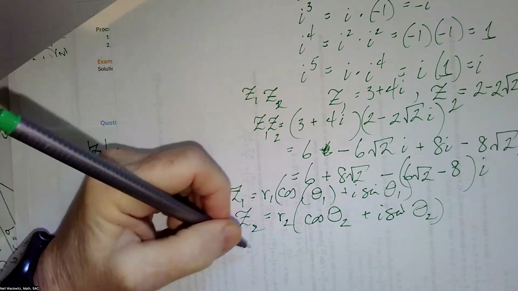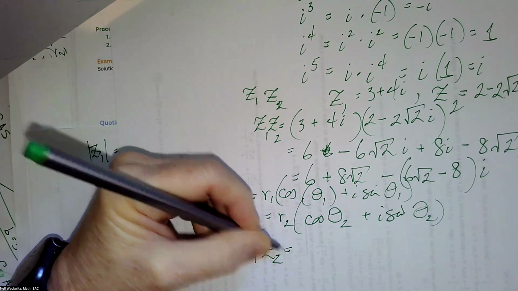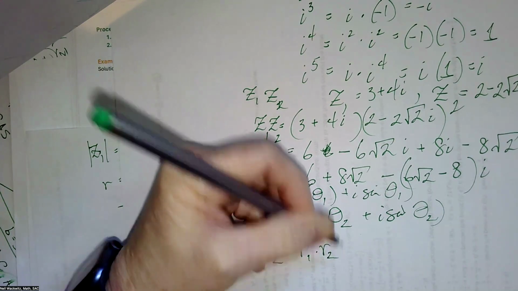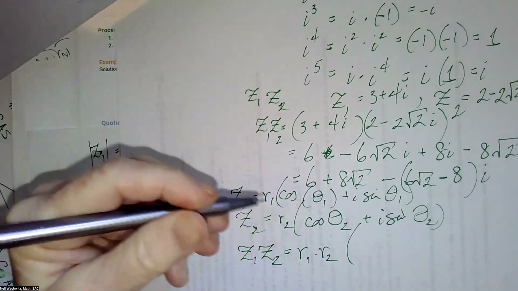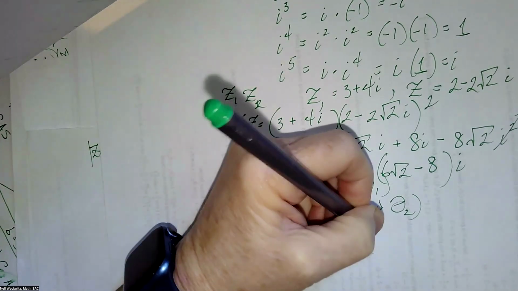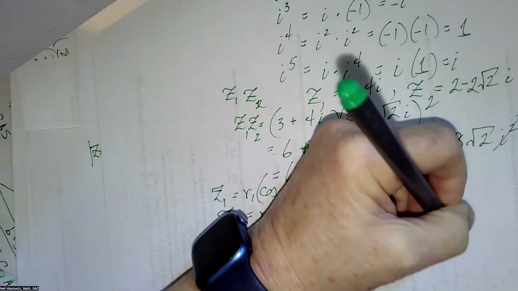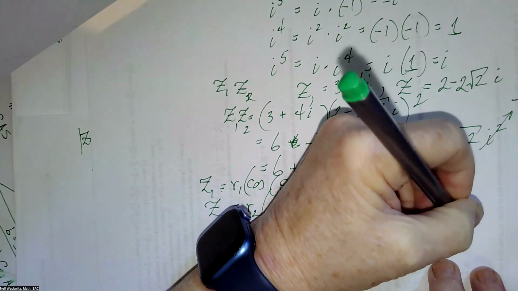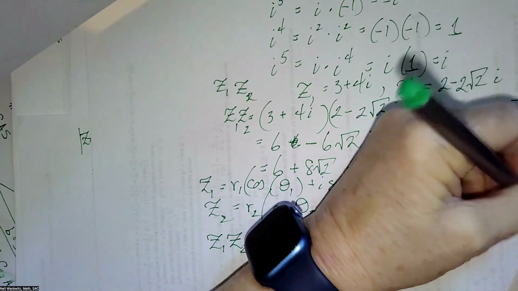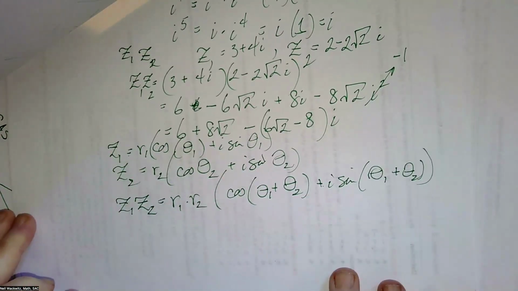To multiply, we multiply the r's, so r1 times r2, and we add the arguments, theta 1 and theta 2. So we have cosine of theta 1 plus theta 2 plus i sine of theta 1 plus theta 2. And that's kind of gorgeous.